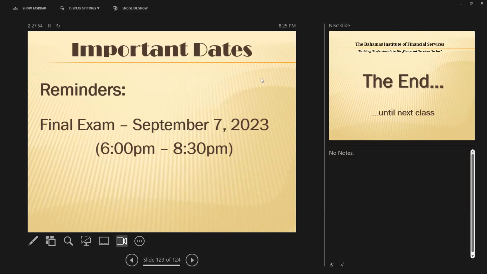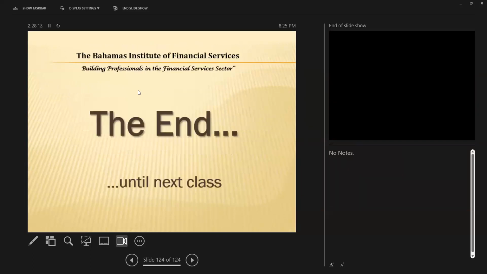For those in New Providence, it's here at BIFS. For the students in Freeport, the institute will send you to the testing center that they have arrangements with in Grand Bahama in Freeport. Okay, so that's it until Thursday, when we do the review.